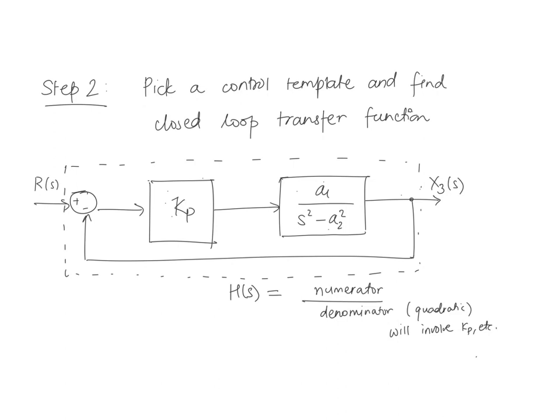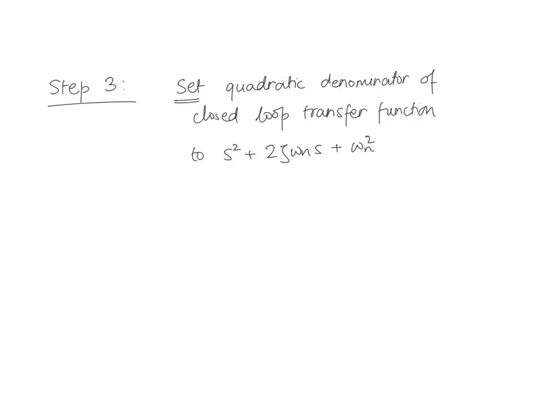So this is step 2, and of course step 3 is then just to pick the parameters so that they match the zeta and omega n that you picked. So that's it. That's step 3. Set the quadratic denominator of the closed loop transfer function to this standard form, except now you know numbers for zeta and omega n based on the design requirements.